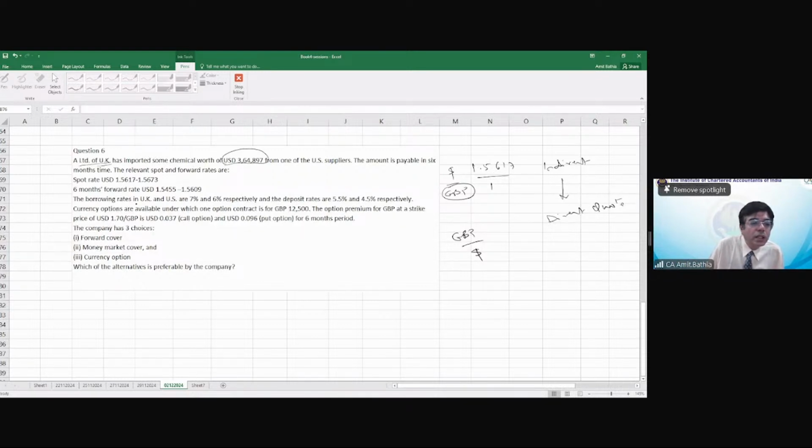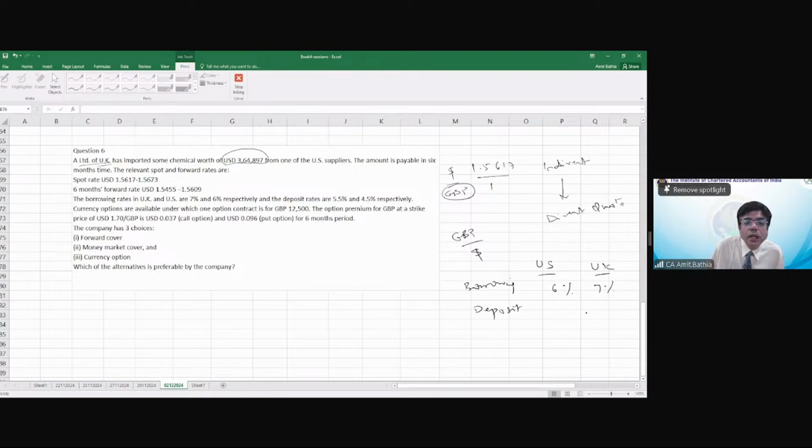The borrowing rates in UK and US are 7% and 6% respectively. In the examinations, whenever this kind of information is given to you, it's always better to write it down somewhere. UK, US. What is my borrowing rate? And what is my deposit rate? Borrowing rates in UK and US are 7% in UK, 6% in US.